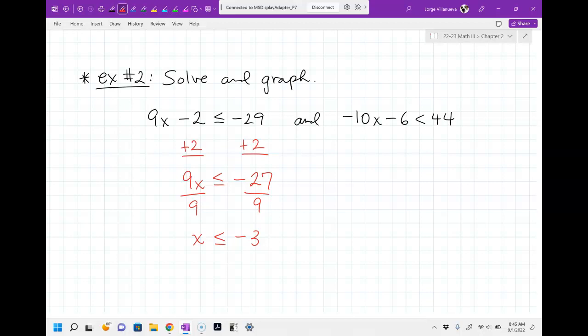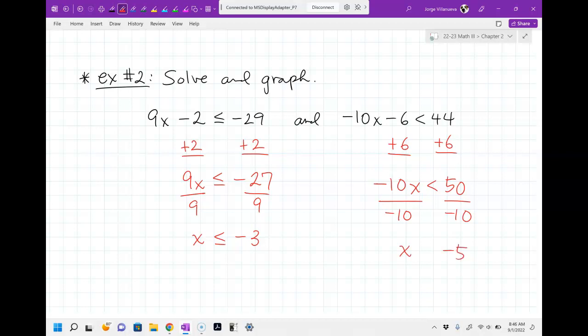So for the other one, let's add the 6. So I get negative 10x is less than 50. Now when I divide both sides by negative 10, x, 50 divided by negative 10 is negative 5.